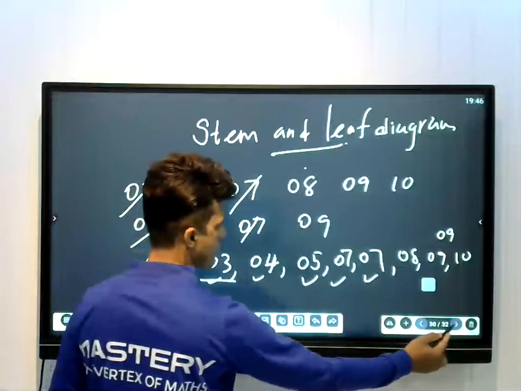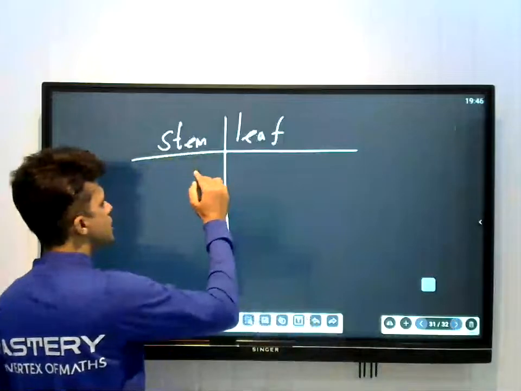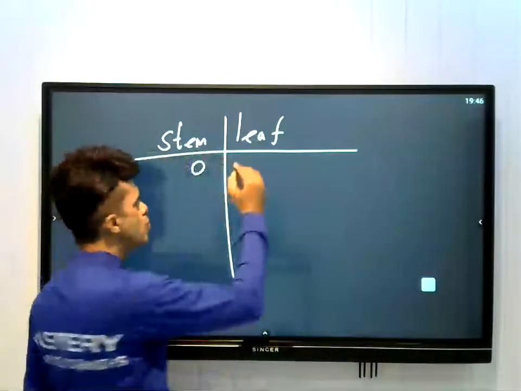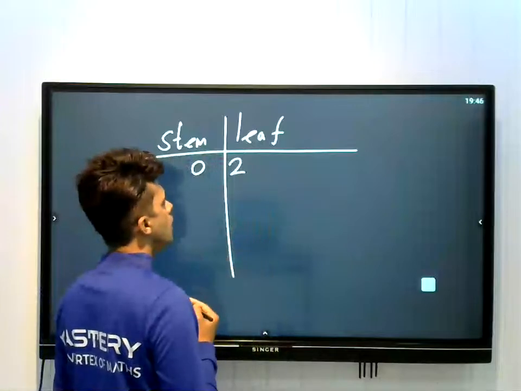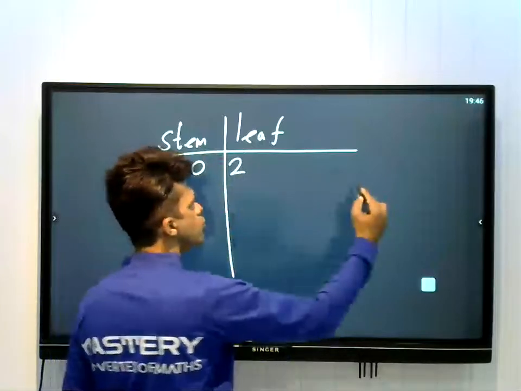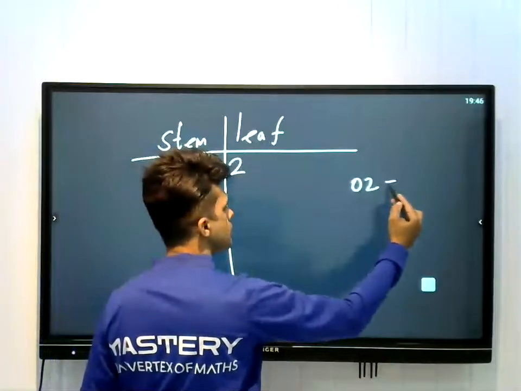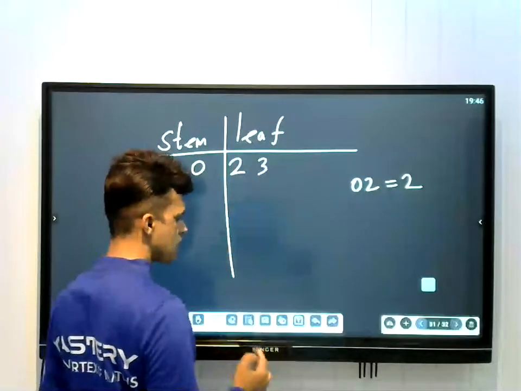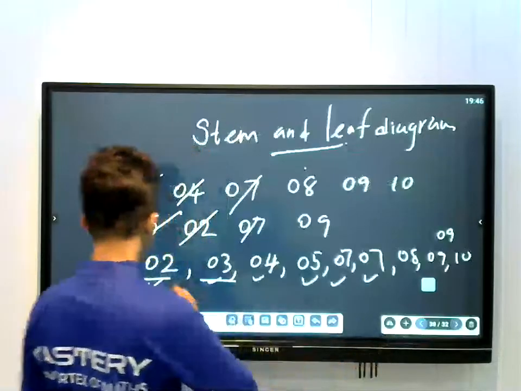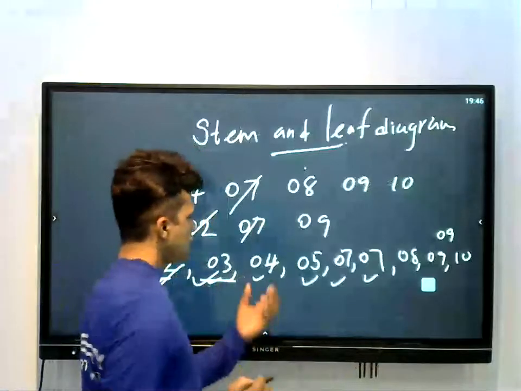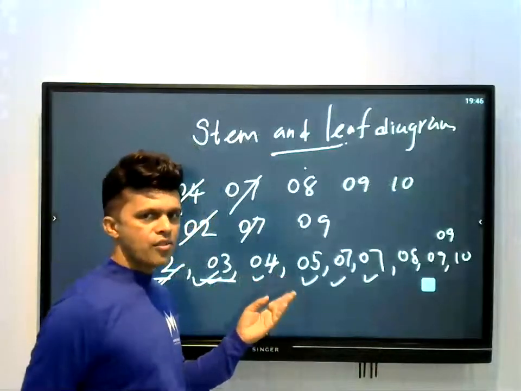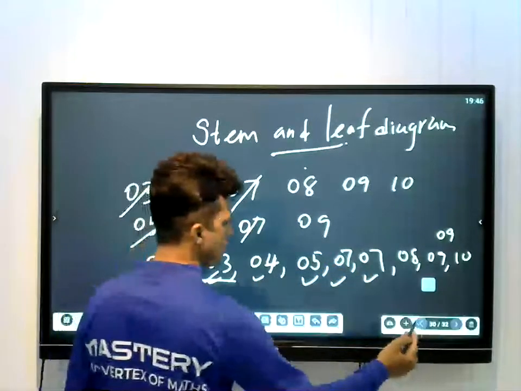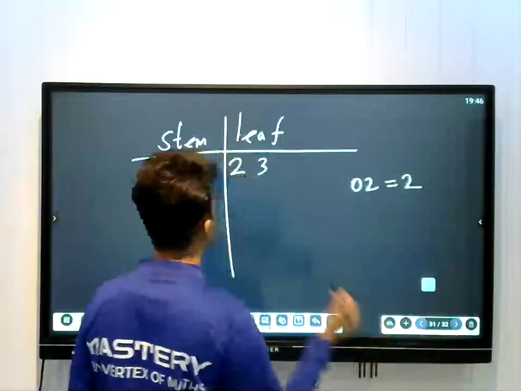Generally we write 0, then 2, so 02 means 2. Then 3. We have entered 2 and 3. After that, 4 can be entered here, then 5, 7, 7.